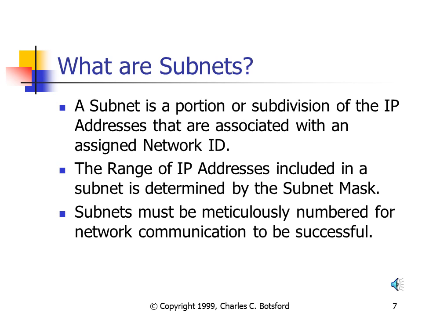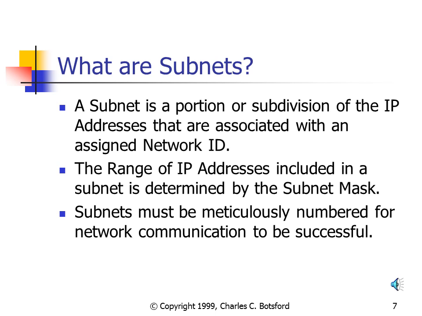Now, a subnet is a portion or a subdivision of the IP addresses that are associated with a larger network ID. The range of IP addresses, or the number of IP addresses in a subnet, is determined by the subnet mask. And we'll see that different subnet masks create different ranges of IP addresses.